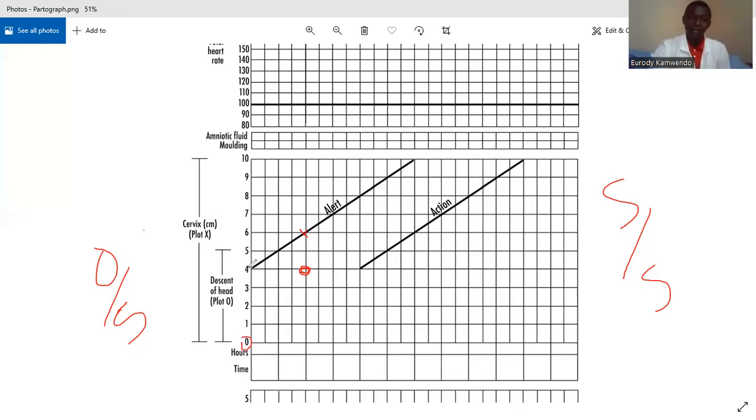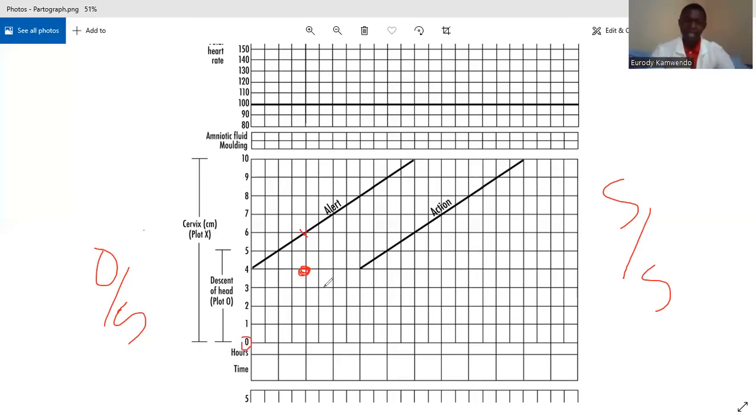If we opened it at 4, you put an intersection 0 on this particular line, because we have opened it at 4 centimeters. But in this particular case, because our partograph is opened at 6 centimeters, our 0 will be here, indicating that the descent at 6 centimeters was at 4 over 5.